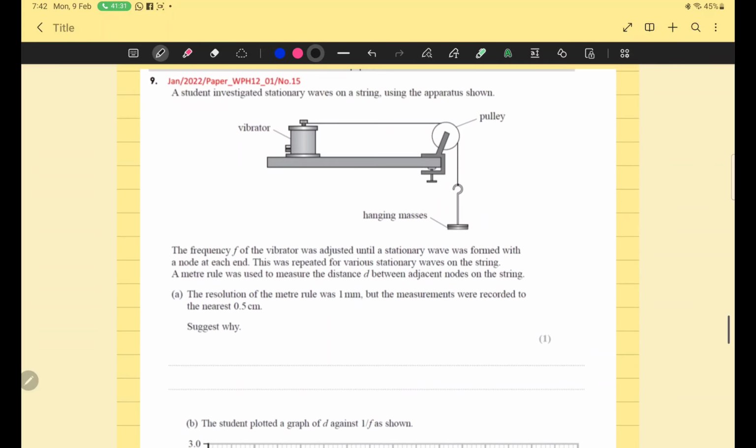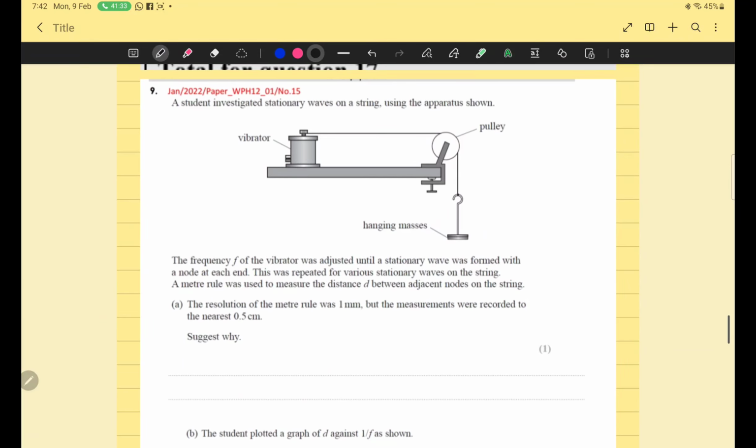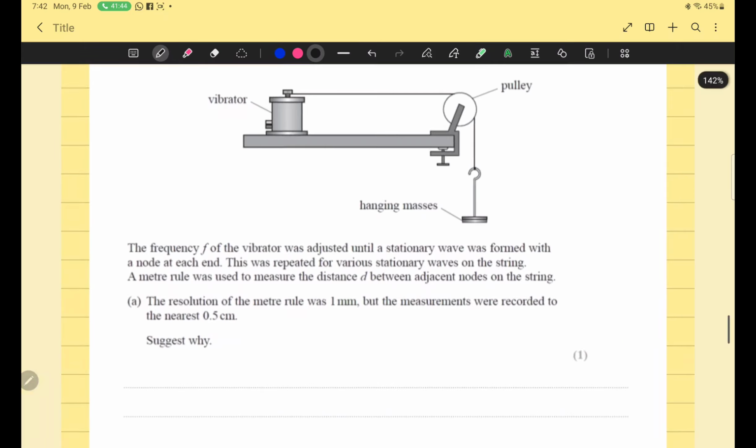Acha ji, now the question is again, a student investigated stationary wave on a string using the apparatus shown. Okay. The frequency of the vibrator was adjusted until a stationary wave was formed with a node at each end. Here is a node and here is a node.